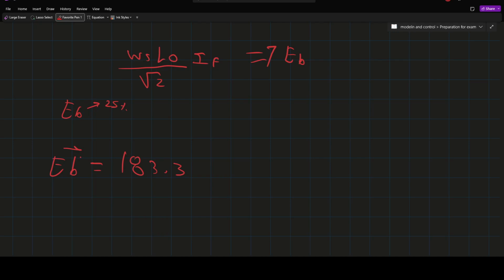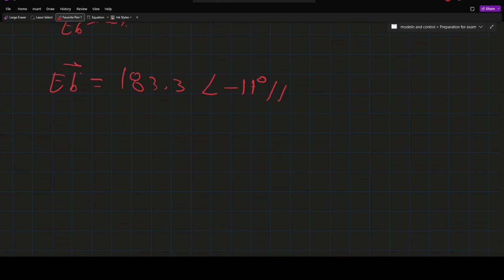So now we know that our angle is going to be 76 degrees, and this is our initial magnitude. If we increase it 25%, our magnitude is going to be this times 1.25, and our new magnitude is going to be 229.125.